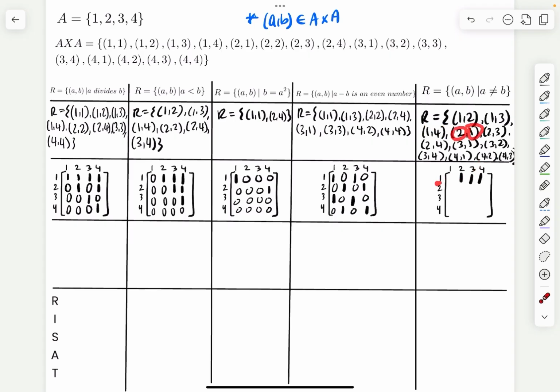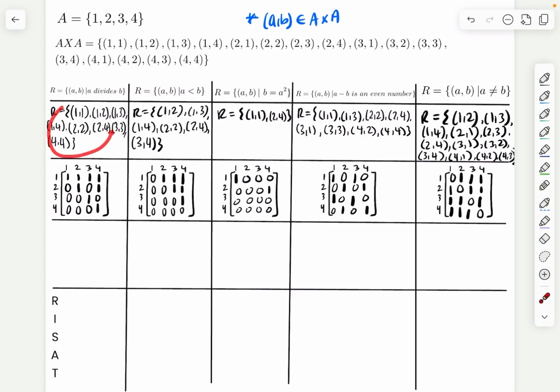Then 2 is related to 1, 2 is related to 3, and 2 is related to 4, so 1's go in those spots. Then 3 is related to 1, 2, and 4, and 4 is related to 1, 2, and 3, so a 1 goes in each of those. And everywhere else is just zeros.